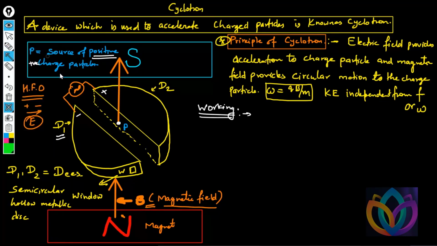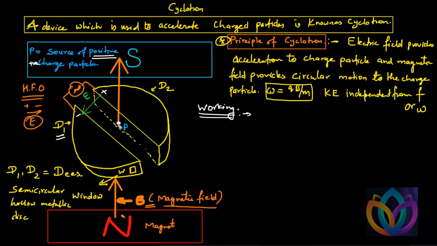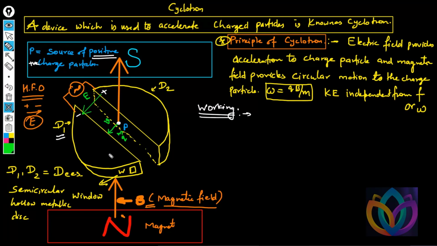Because the electric field is generated here, and this electric field will have polarity from D2 to D1, the positive charge particle will enter this D1. When the charge particle of mass m and positive charge q enters with velocity v, inside the hollow metallic disc the electric field will be zero.